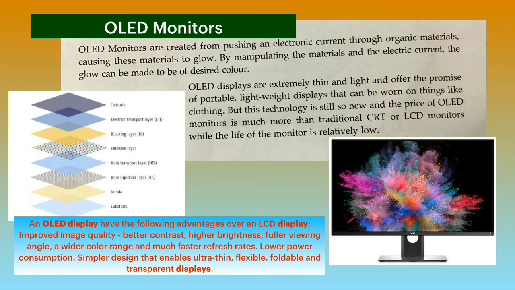Typically, at least one of these electrodes is transparent. OLEDs are used to create digital displays in devices such as televisions, computer monitors, portable systems such as smartphones, and handheld game consoles, or you can say PDAs.